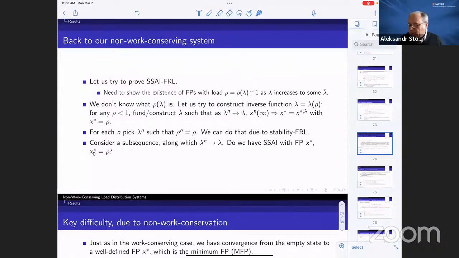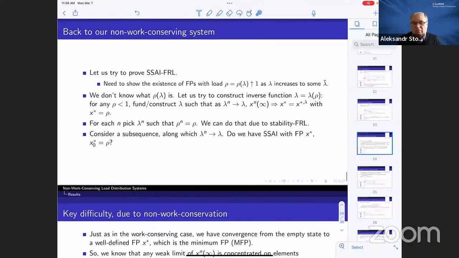All right, so let's move on. Back to our regular programming, back to non-work-conserving systems. So let's try to prove the ansatz for the full range of loads. By the definition of this property, the load of the point at which everything is concentrated goes to 1 as lambda increases to this upper bound.